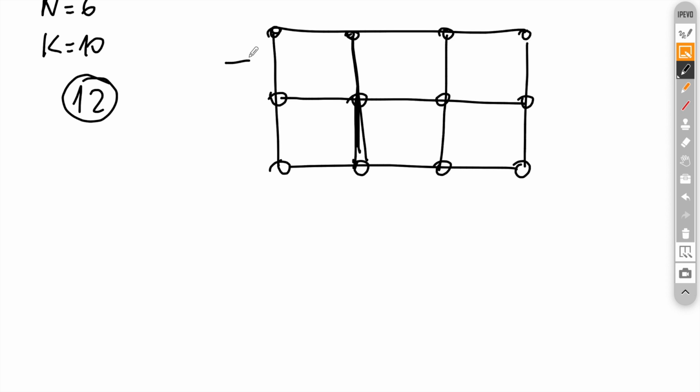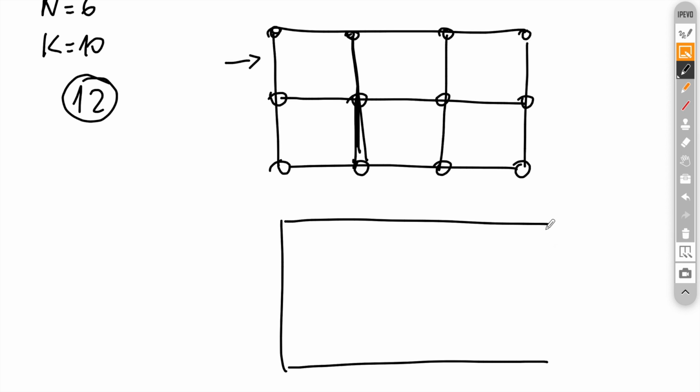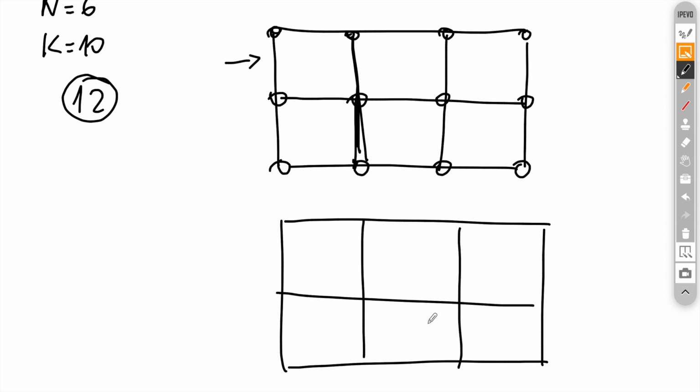Notice that this way of drawing is much easier than drawing in this fashion. So I'm going to showcase this only once here. So these two are semantically equivalent.